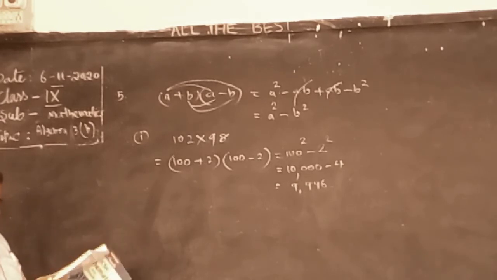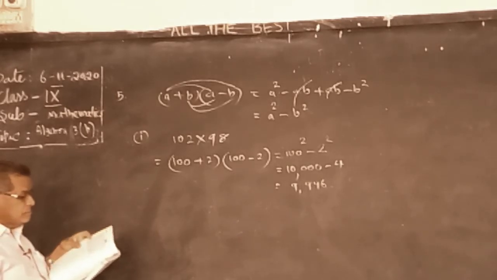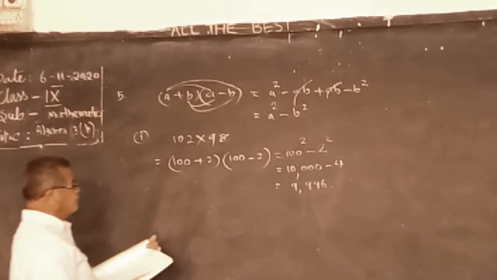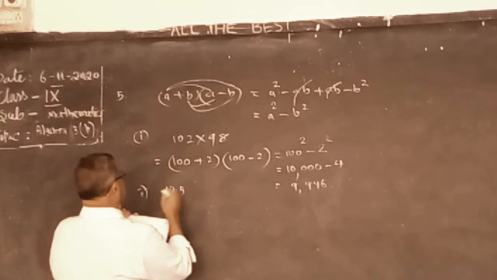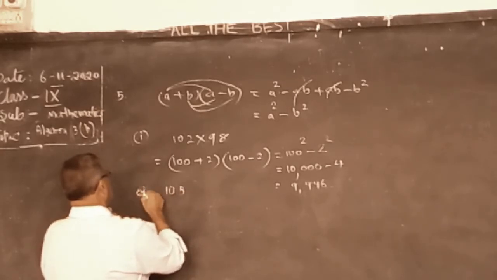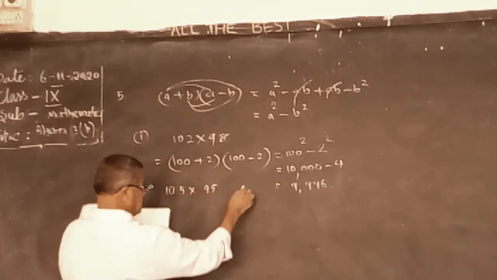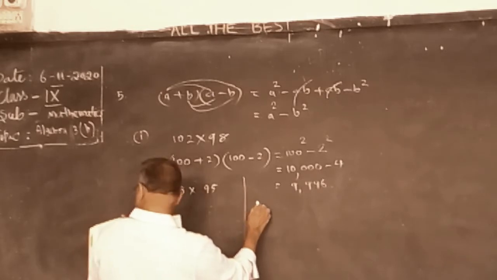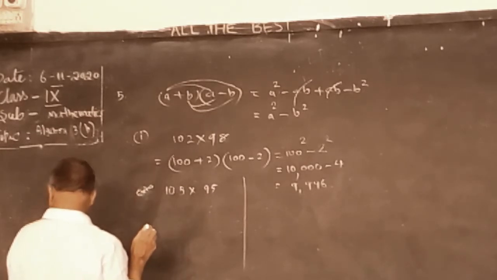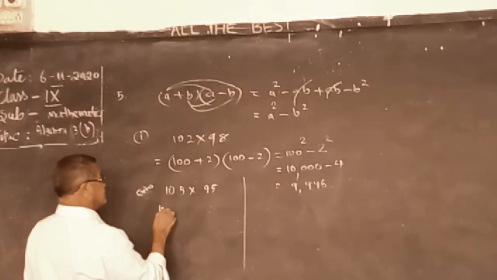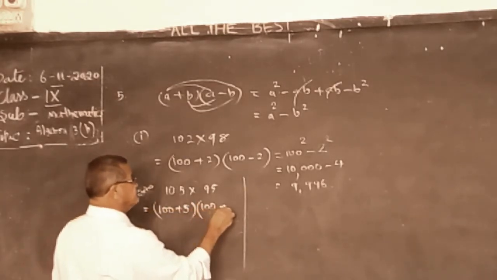And the second question, 105 into 95. See, this can be written as 100 plus 5 and 100 minus 5.